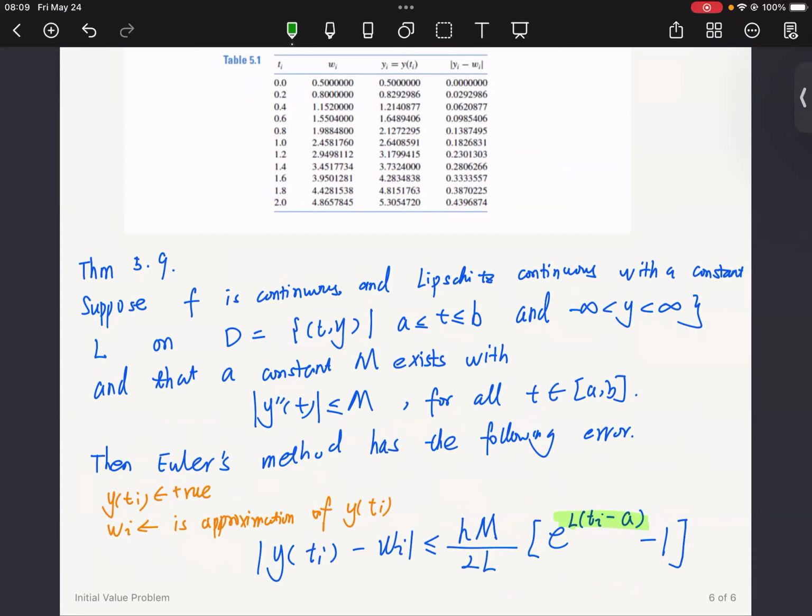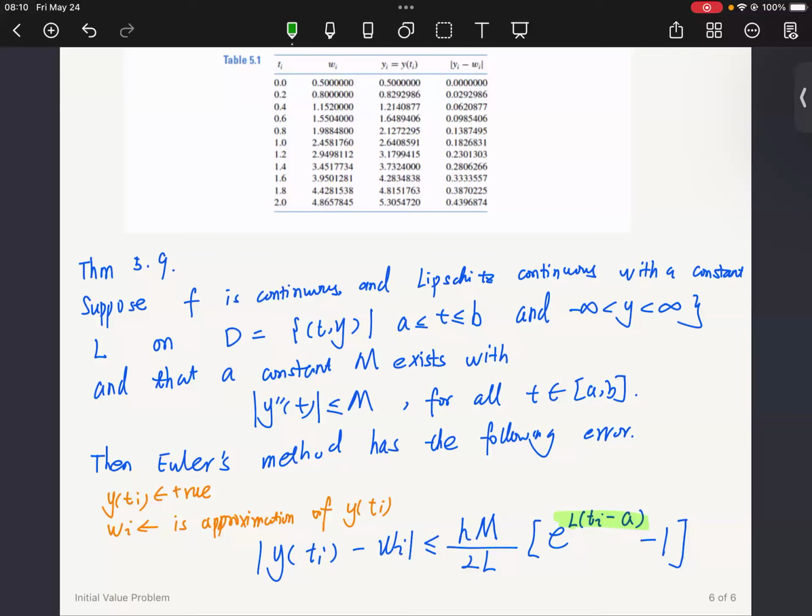This is the error bound, comparing the true solution, the y function evaluated at the time nodal point ti, and its approximation wi. We calculate the difference, and the theorem tells us the error bound, which involves the step size h. So what's the step size h?